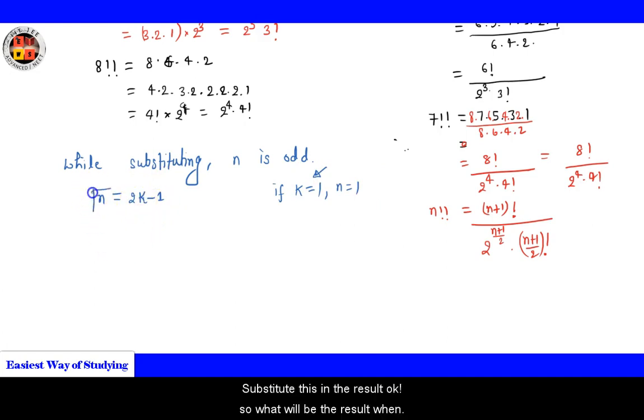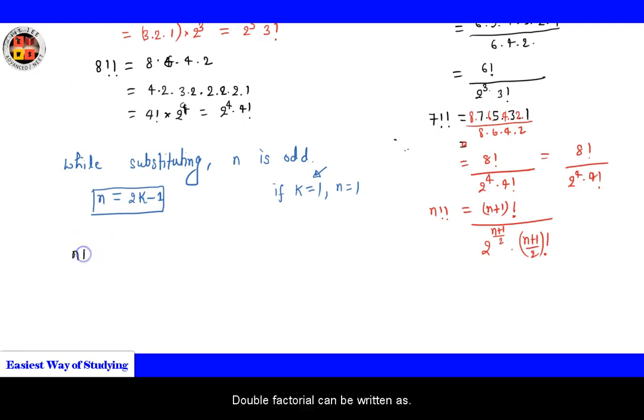So substitute this in the result. What will be the value? n double factorial can be written as (n plus 1) factorial in the numerator, upon 2 to the power (n plus 1) by 2 into ((n plus 1) by 2) factorial.